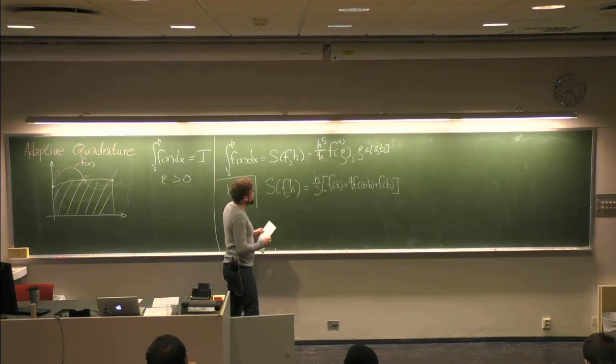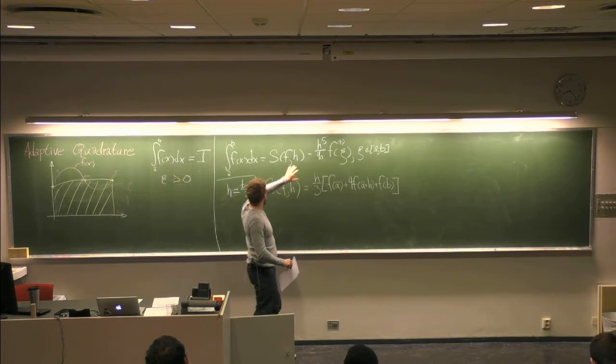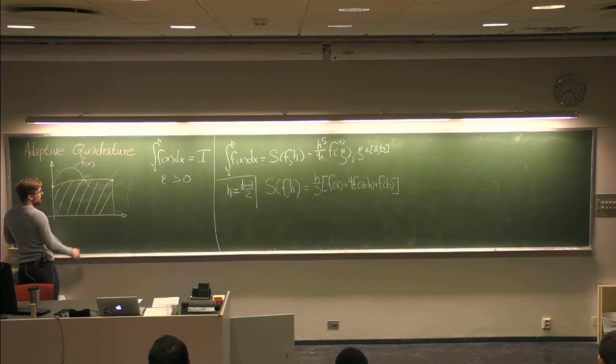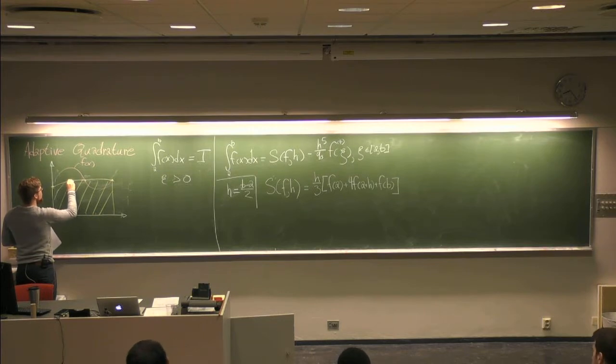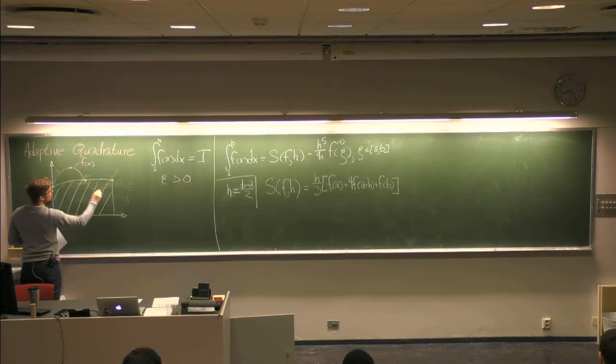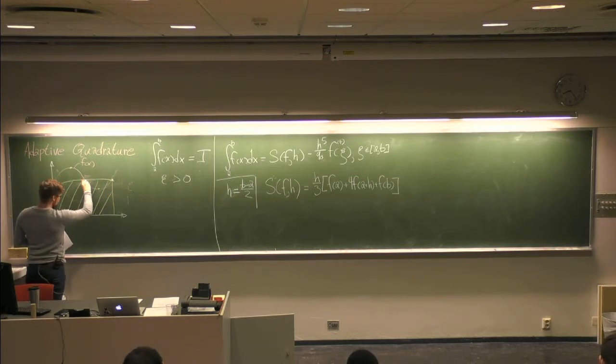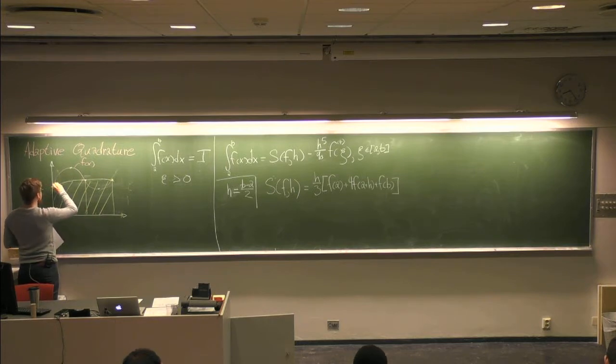Now we want to approximate this using, instead of just this one interval, 2 intervals. So we will instead try to use these points. That's going to be up there, and this is going to be down there.